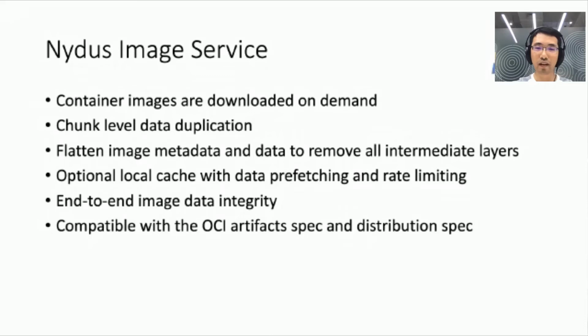And also, we learn from UML OCI and Filegrain, sorry. We flatten the container image, the image metadata and the data, so we remove all intermediate layers. And also we support optional local cache with data prefetching, and also a rate limiting method to prevent the prefetching thread from killing the disk speed.